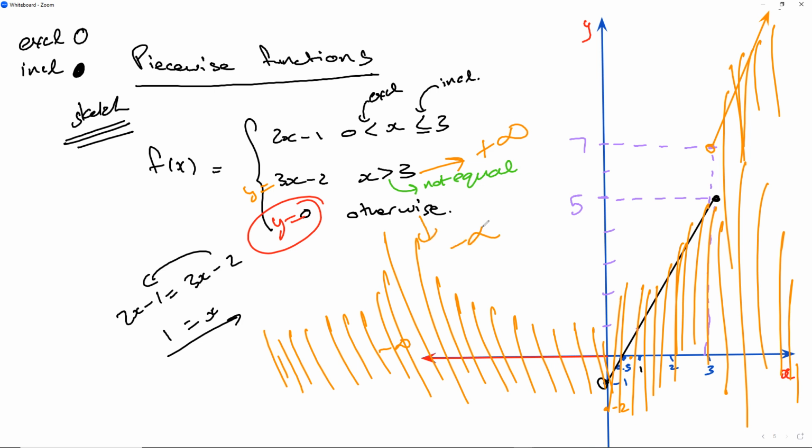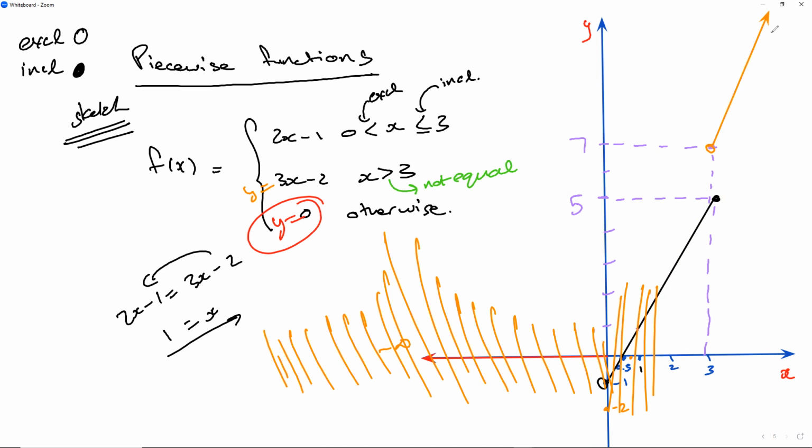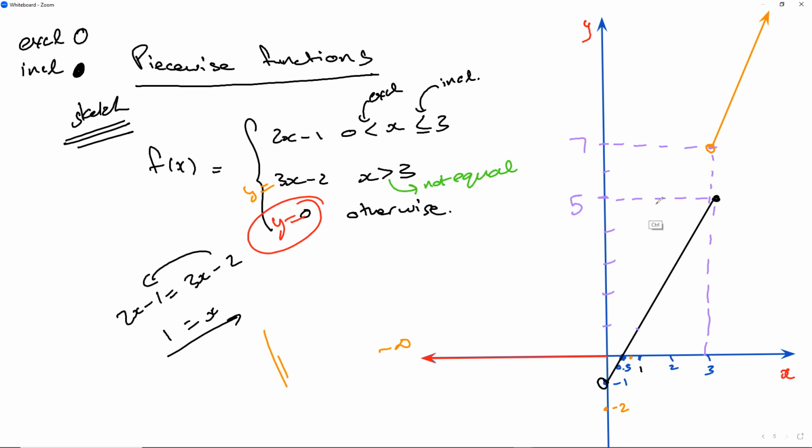Otherwise it means it can go into negative infinity after that. So the orange line takes me to infinity, and the red line takes me to negative infinity on the other side. So we have to put an arrow to imply that it's continuing into infinity, unless they actually stop it somewhere, in which case this will have to be less than another number, like less than 4, or this one would be less than 3. Then we have to actually put another circle, or empty circle, or open circle, etc.